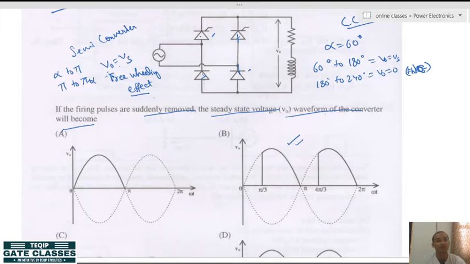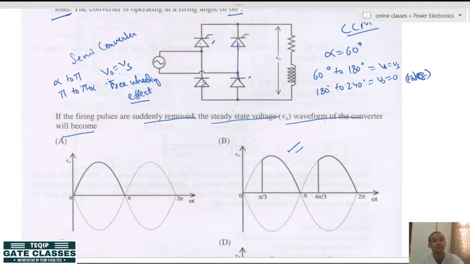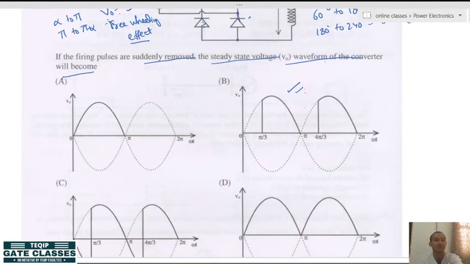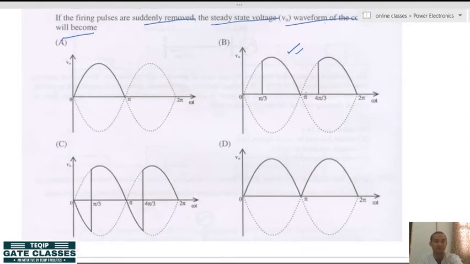If you remove the firing pulses, it means that this thyristor will not get fired again. Just think about it. Let me draw the modified circuit here.